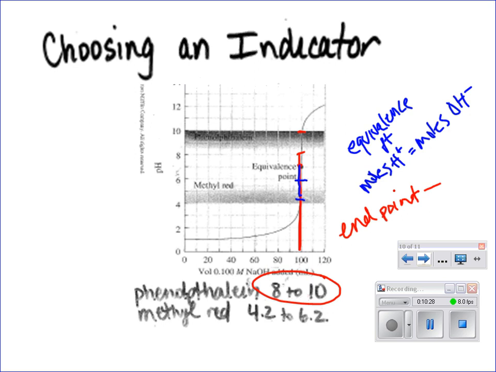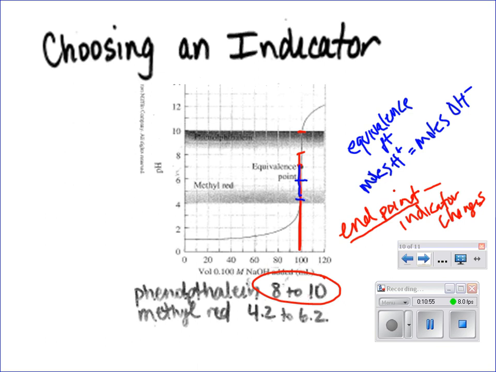The equivalence point is when the moles are equal. So the endpoint is when the indicator changes. A perfect scenario is having an equivalence point close to the endpoint. Don't get this confused. This is not an endpoint, it's an equivalence point.